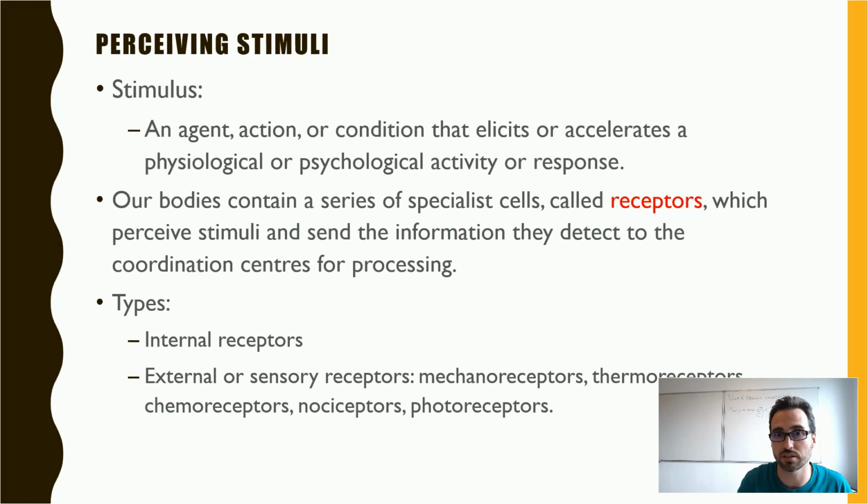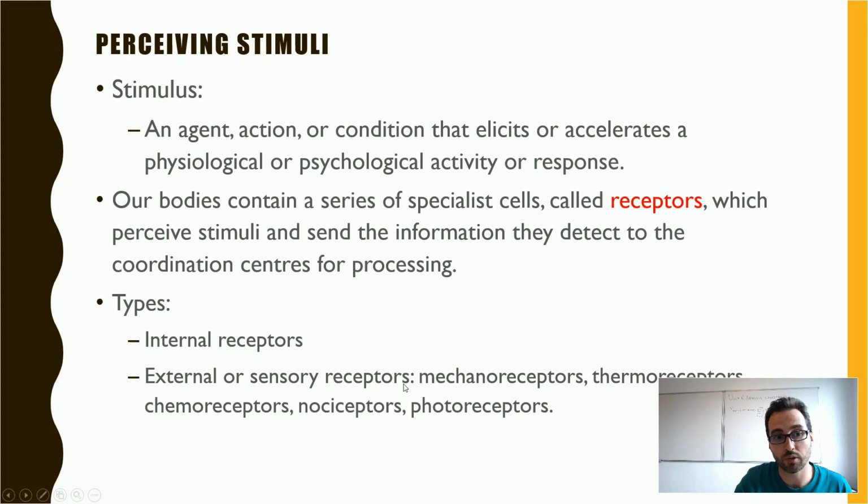And external: temperature, light, sounds from the exterior. So remember, just to take these stimuli, we need two kinds of receptors, internal and external, also called sensory receptors.